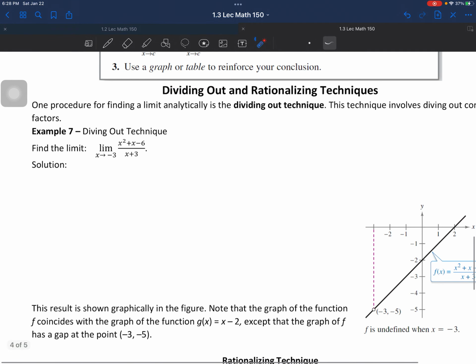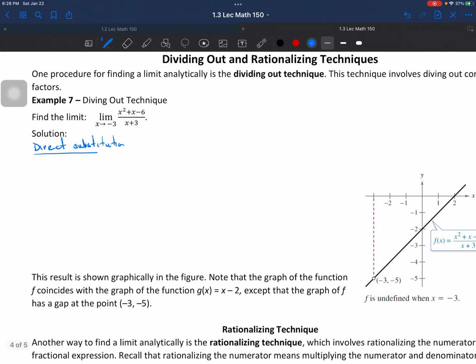Okay, so let's try another one. The next one is similar to what we just did. It's by using the dividing out technique that we just discussed. So we'll do the same thing. We'll do a direct substitution. So here we go. The limit as x approaches negative 3 of x squared plus x minus 6 all over x plus 3.